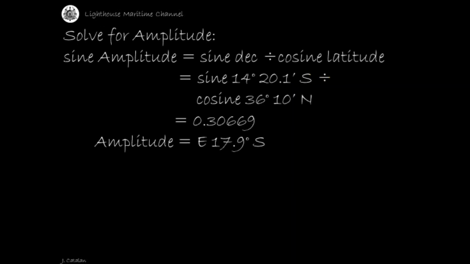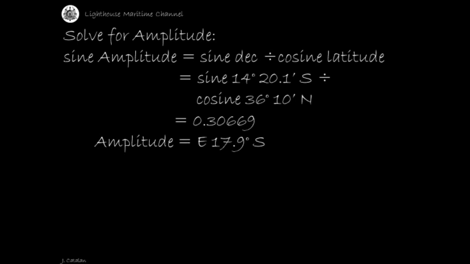Solve for amplitude. The formula for solving amplitude is sine amplitude is equal to sine declination divided by cosine latitude. Distribute the value: sine amplitude is equal to sine 14 degrees and 20.1 minutes south divided by cosine 36 degrees and 10 minutes north.